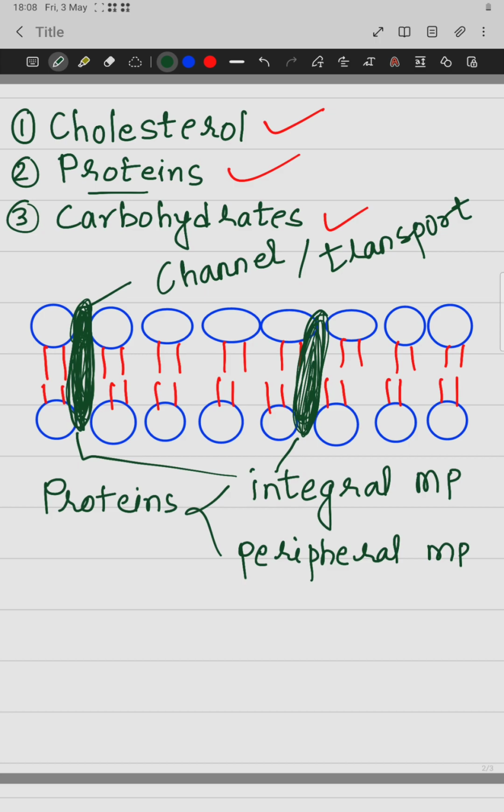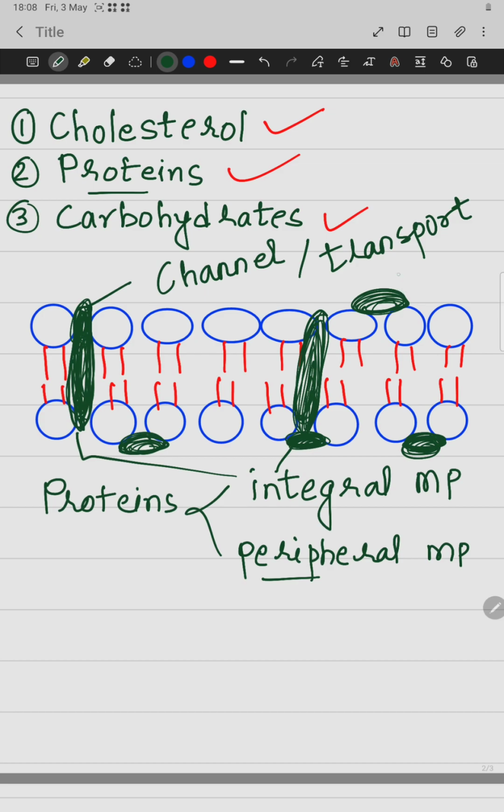Now the next one is the peripheral membrane protein. As the name suggests, it is present in the periphery of the plasma membrane like this. They can be attached to the phospholipid bilayer, or they can also be found attached to the integral membrane proteins, and they can be found outside the cell membrane also, or could be inside the cell also.